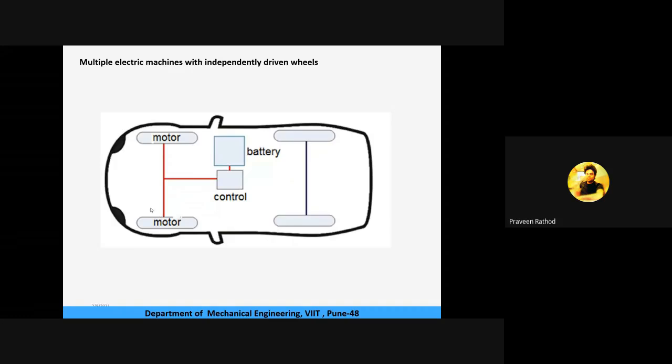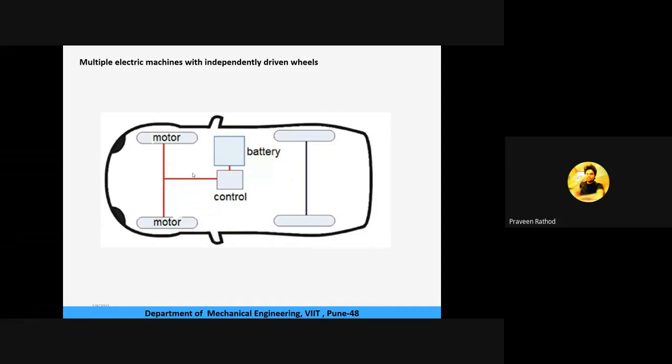Okay, over here, it improves the efficiency and reduces the vehicle mass. How? Because individual wheels have an individual motor, which will increase the efficiency. How are we going to reduce the mass? Some of the components we have eliminated over here, so the vehicle mass will be reduced. Okay. Over here, you can see we don't have any gearbox also. Without the gearbox, low speed high torque motors are necessary.